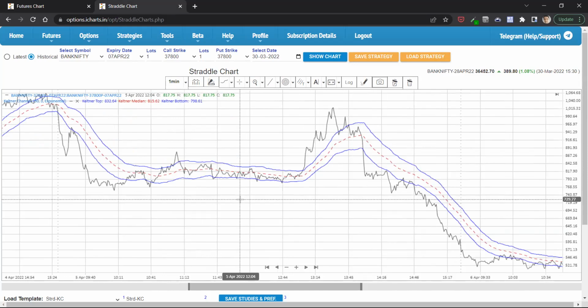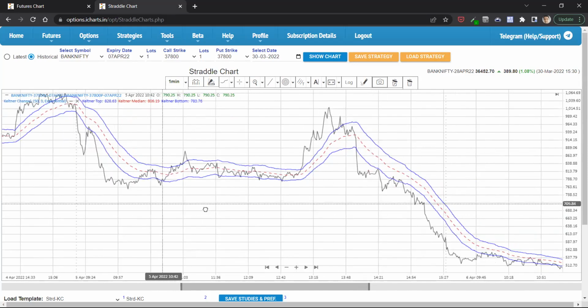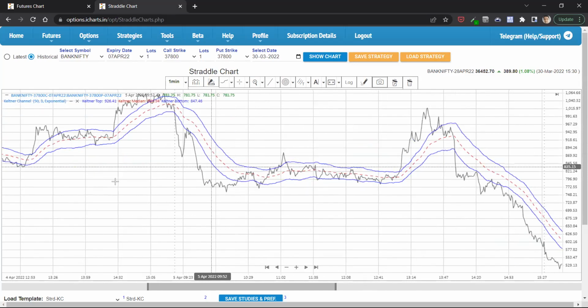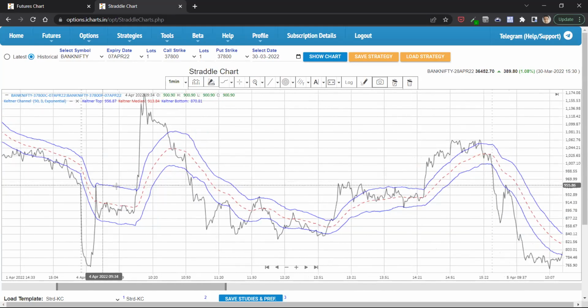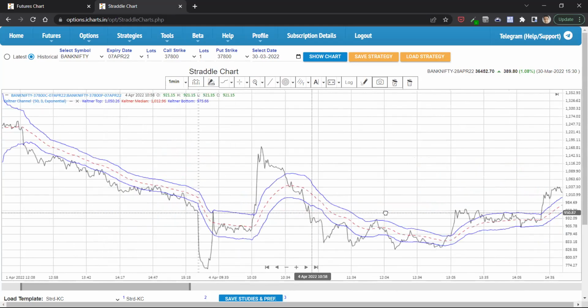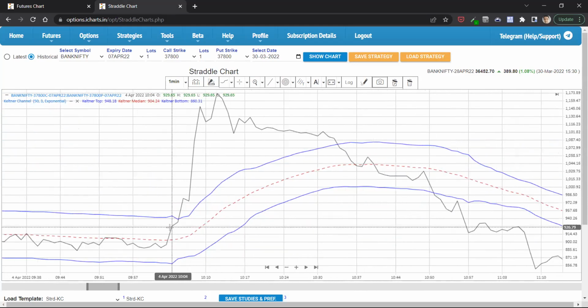But for option buyers, you just keep monitoring the straddle, and you only take a trade when the straddle is breaking out. If it is breaking out to the upside, for the call, put a buy limit order once it hits about 10%, 15%.